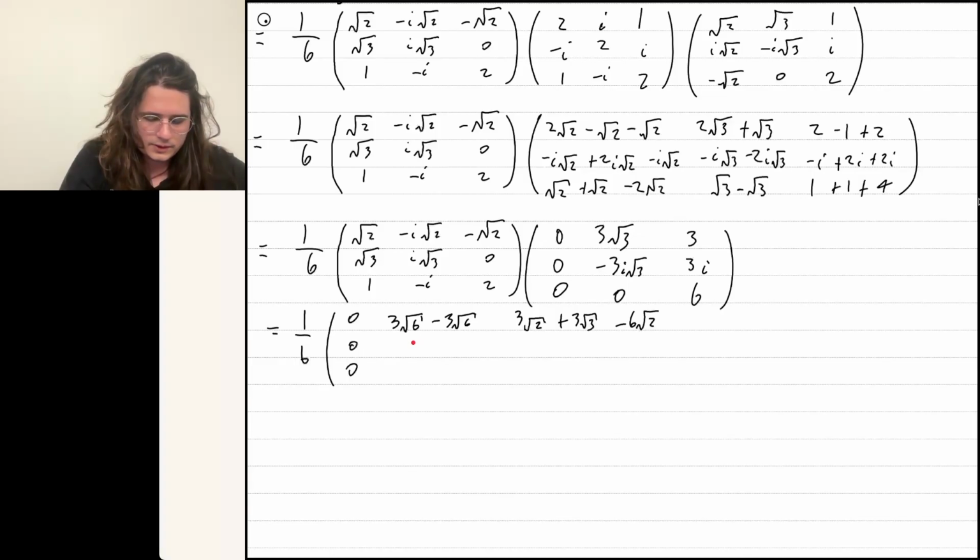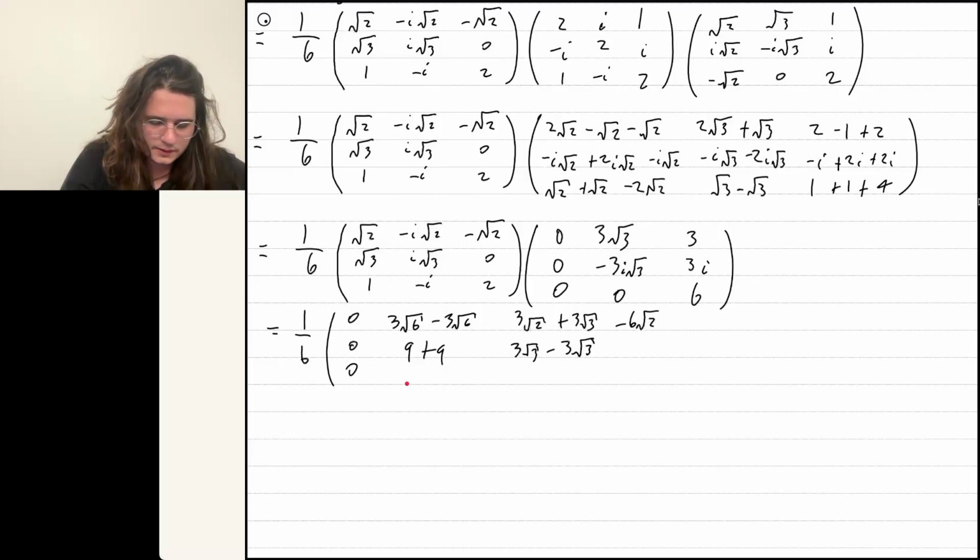Then we've got 3 times 3, so 9, plus 9, and then 0. And then this guy is 3 root 3, and then minus 3 root 3. Yeah, minus 3 root 3 here, and then 0.